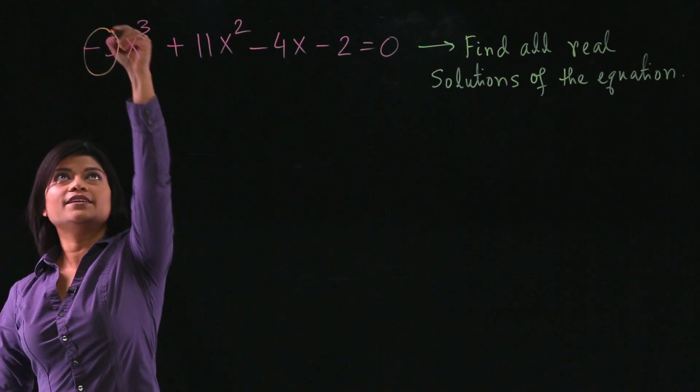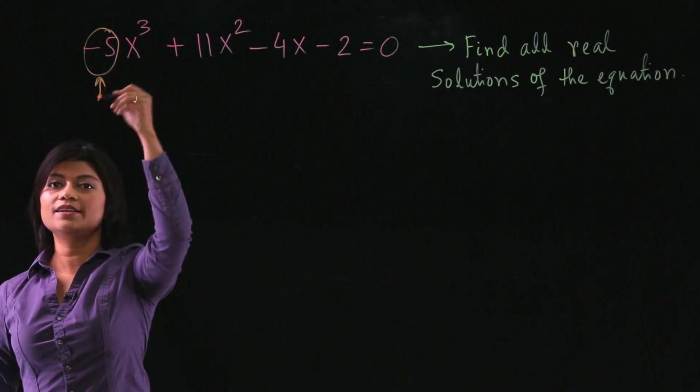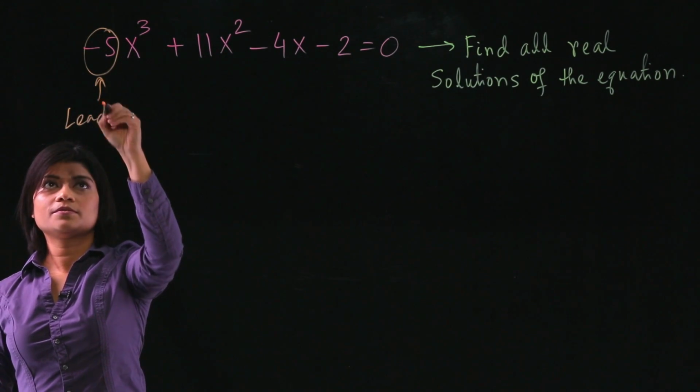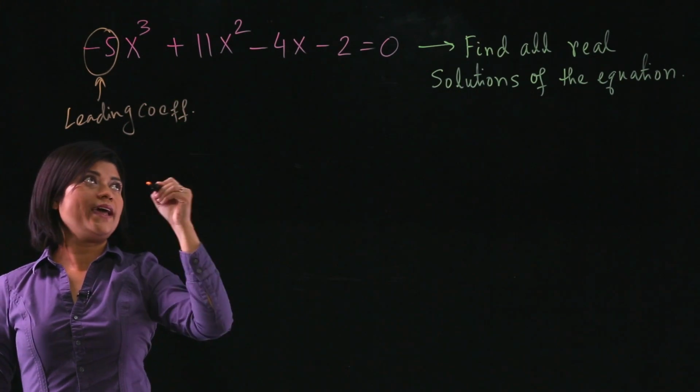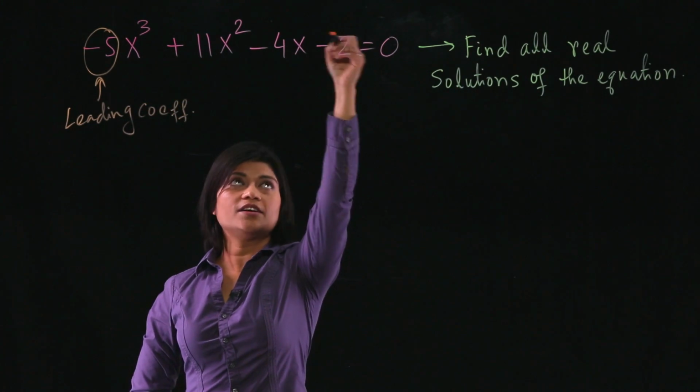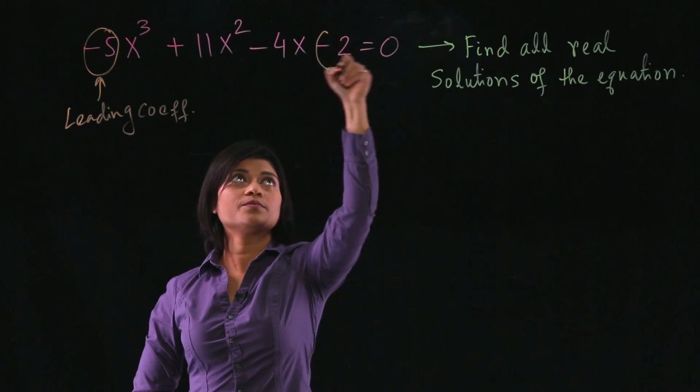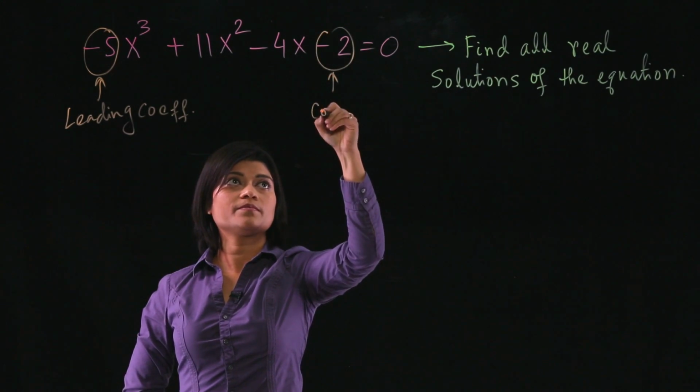Okay, so notice that -5 is the leading coefficient, and the constant term is right here, -2. That's the constant term.